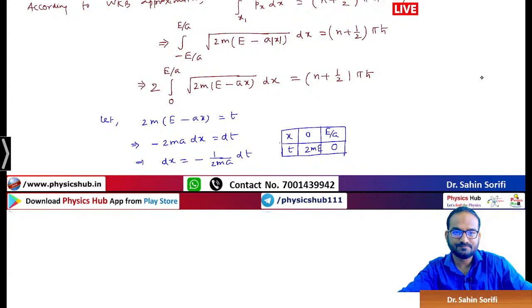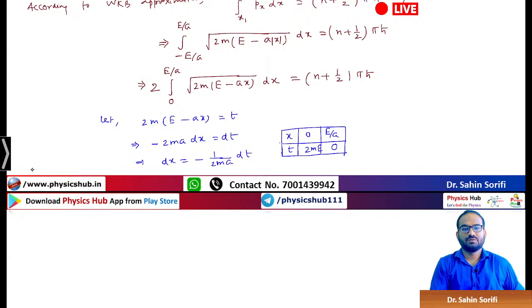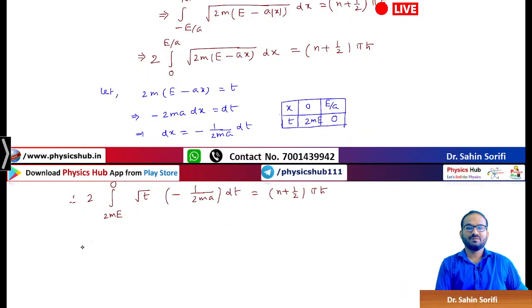So 2 times the integral from 0 to E by a becomes the integral from twice m E to 0 of square root of t times minus 1 by twice m a dt, equals n plus half pi h cut on the right-hand side, which remains the same.